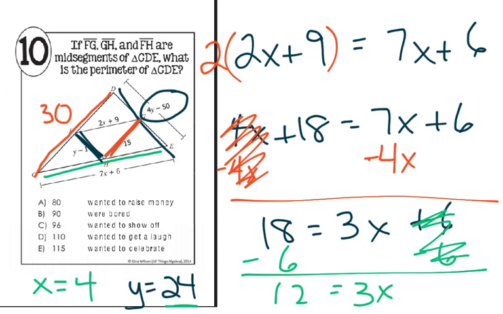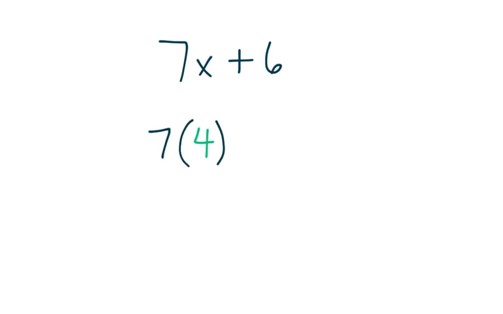This is 46. Now we need to figure out what the green side is, which would be the x. So 7x plus 6 when x is 4. 7 times 4 is 28, plus 6 would be 34.